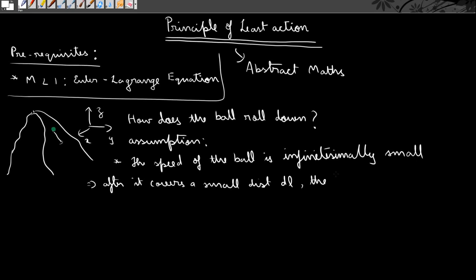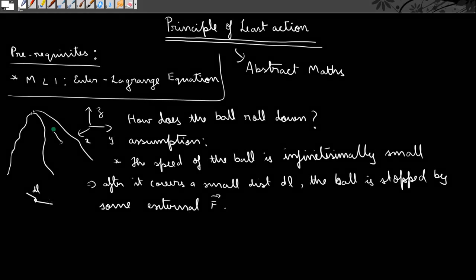the ball is stopped by some external force. Okay, so what this means is that as the ball travels a distance dl, I'm going to stop the ball, making its speed 0.